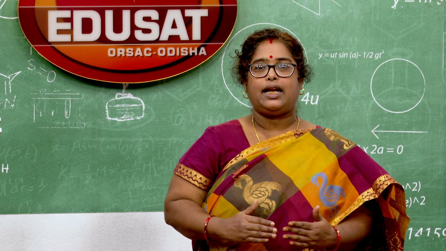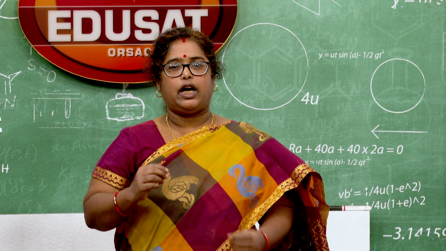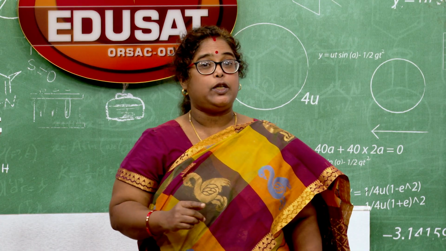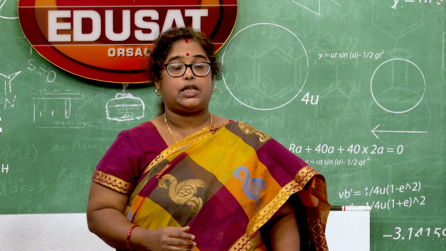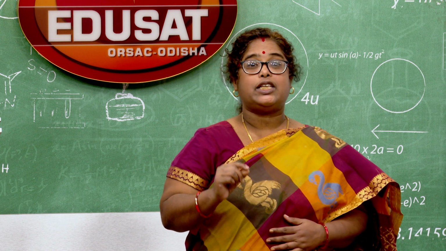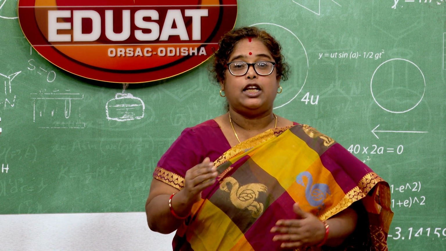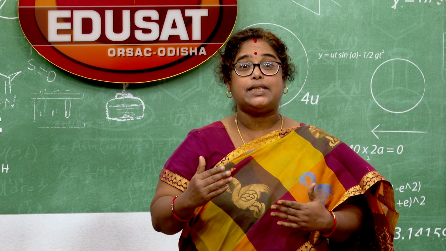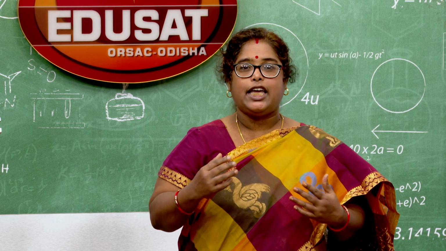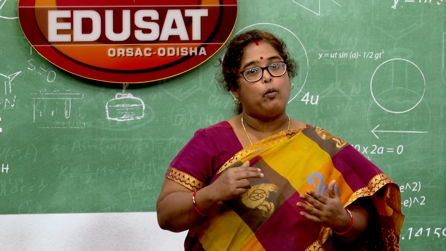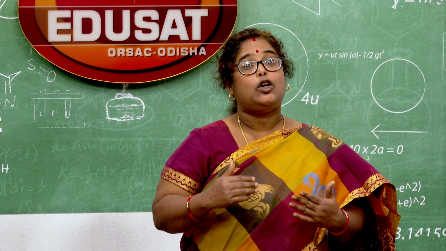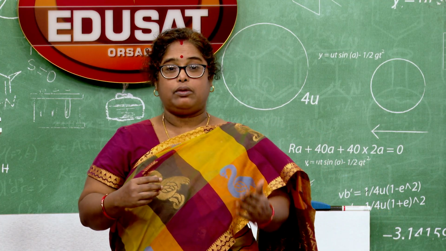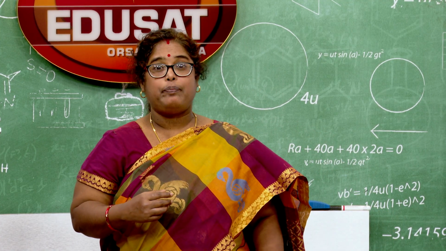Please listen to this word again, because it is a very crucial word which we are going to use throughout our process. The word is nucleophile, nucleus loving. Which species are nucleus loving? Those which have more electrons to donate. For example, I have given you the structure of ammonia.